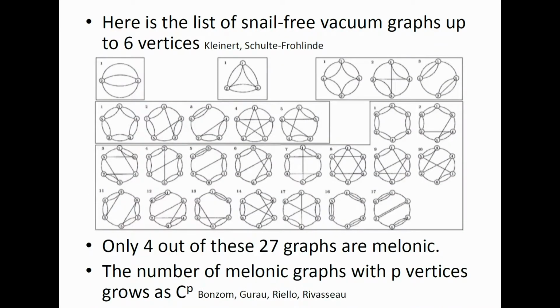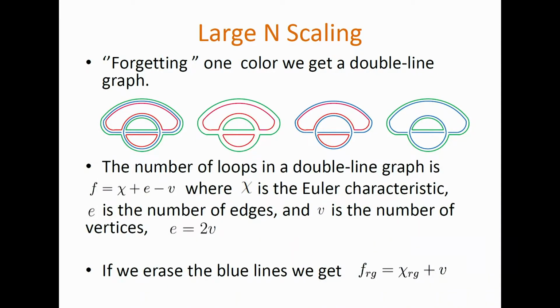Okay, so I promised to explain how to prove in this case that only melons remain in this theory. In this triply colored theory with O(N)³ symmetry, there is a very simple argument, which is not a complete argument, but I wanted to flash it for you just to give you an idea how the proof works.